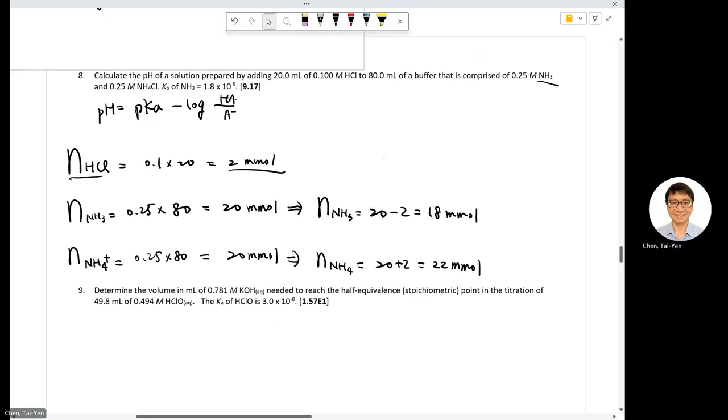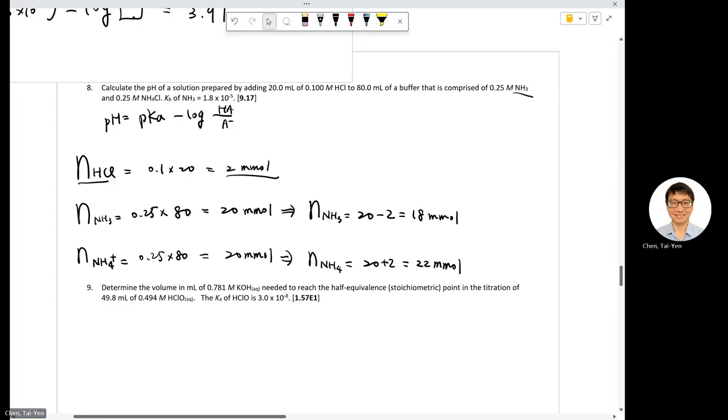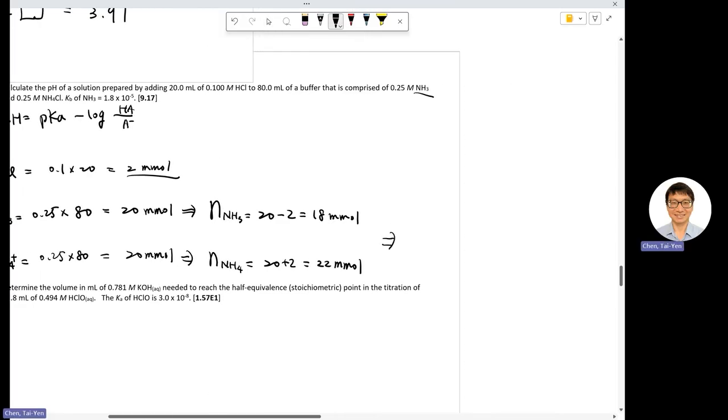Once you have this, you can compute the conjugate acid-base ratio. This will simply equal acid 22, base 18. So you know what to write for your second term in the HH equation.